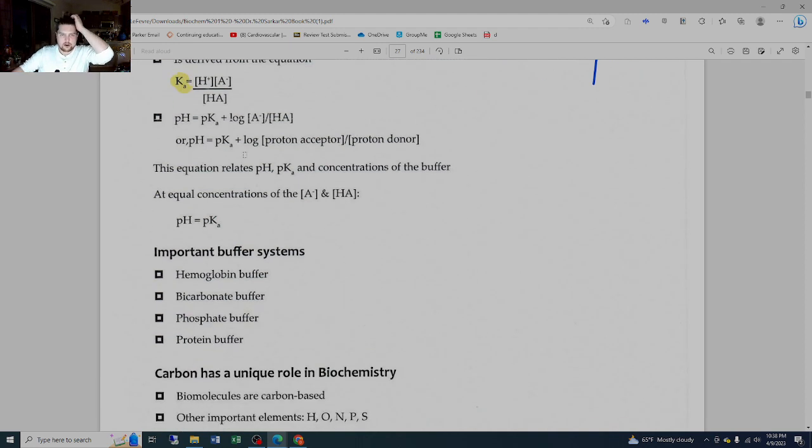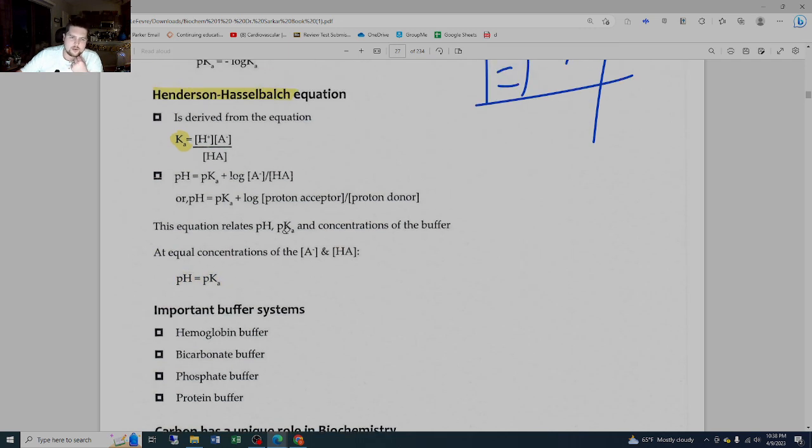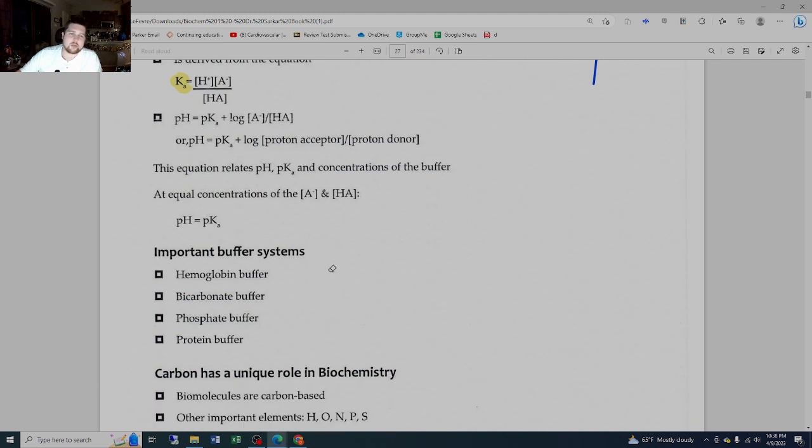And then all of our other extra maths and such give us pH equals pKa plus the log. Again, if it's really confusing and you really want to know all the ins and outs of it, just look up a short YouTube video on it, and it will help you get what you need for this course and, honestly, for most of what you're doing. We're not going to be biochemists.